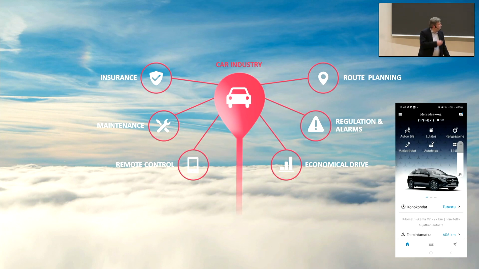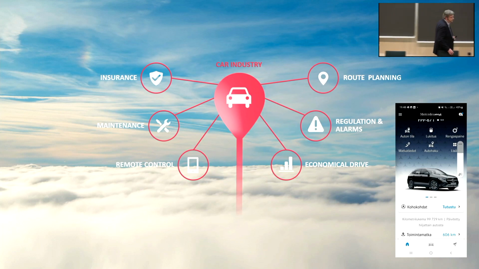Just wanted to take an example of applications that many of us have. You can see in real time what's happening in your car. You know the location, the speed, the tire pressure, etc. So that kind of service is already available.